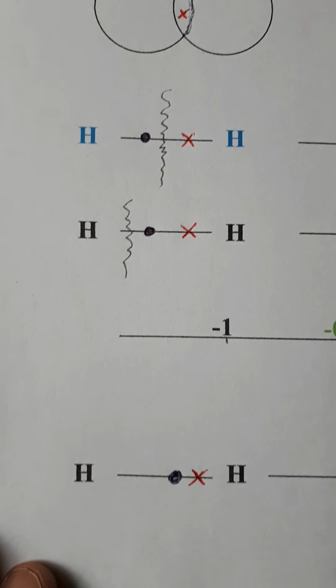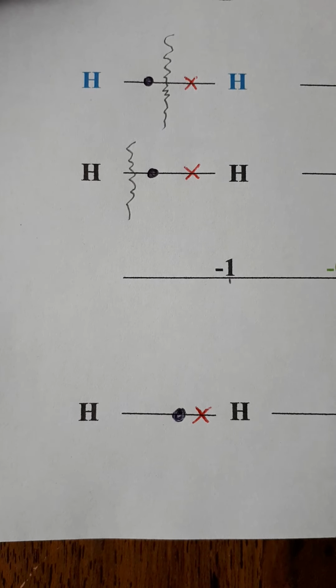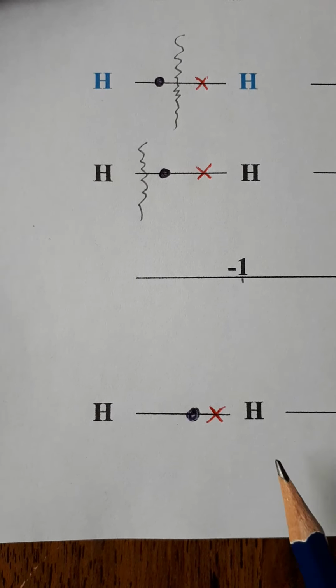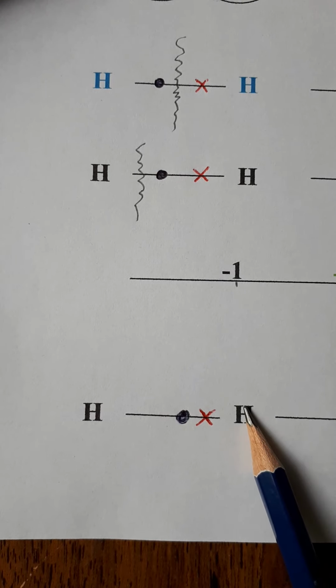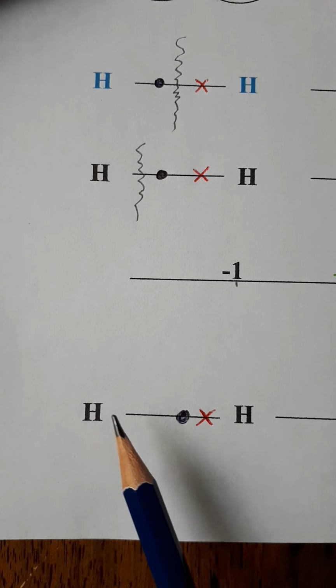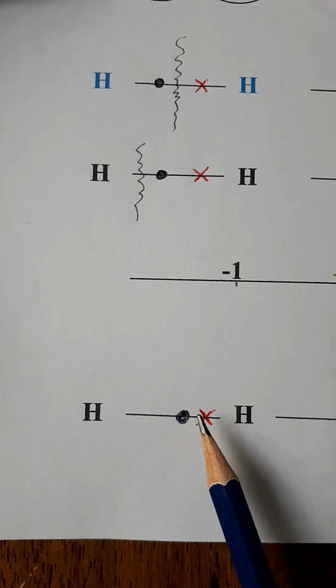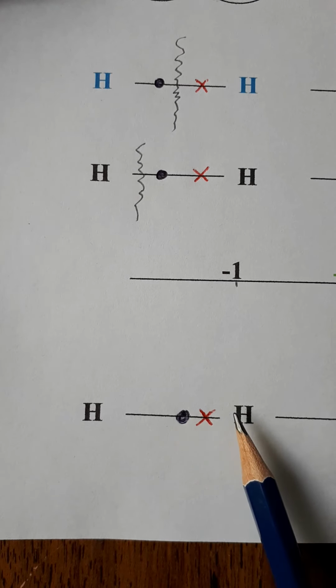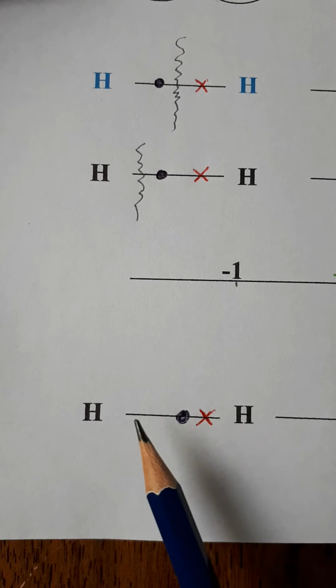What I'm going to show is, instead of breaking the bonds, because of the high electronegativity of this atom compared to this one, the pair of electrons will be pushed a little bit towards one of the atoms in the bond.